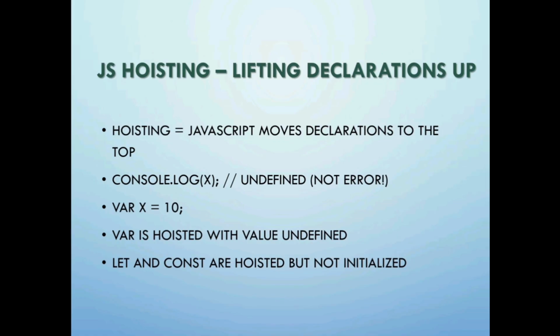I am executing this code. It displays undefined, but it does not give an error, because var is hoisted with value undefined. Let and const are hoisted but not initialized. This is about hoisting.